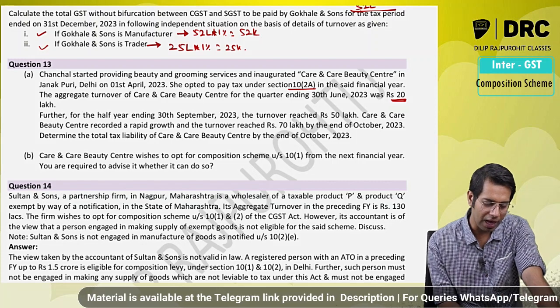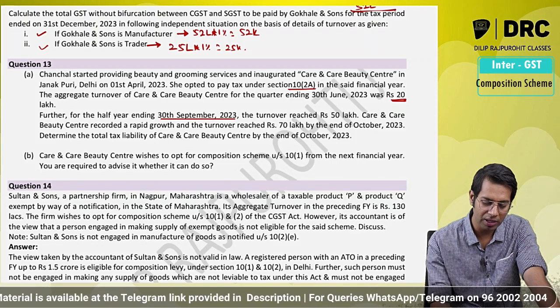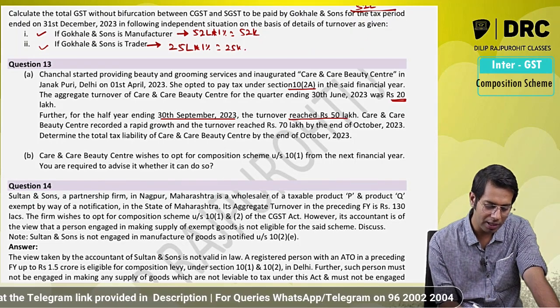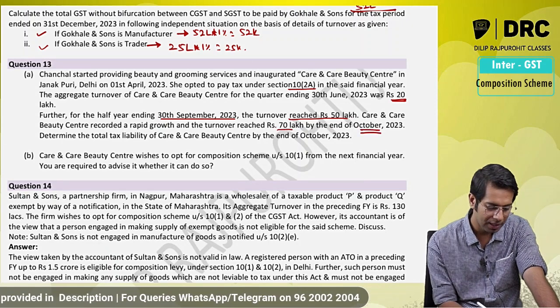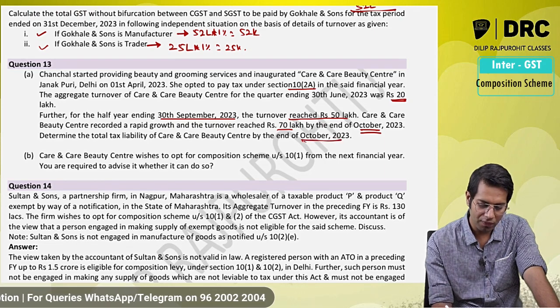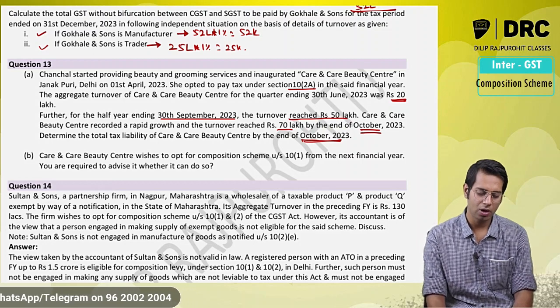Further, for the half year ended 30th September 23, the turnover reached 50 lakhs, and the Care Center recorded rapid growth and turnover reached 70 lakhs by end of October. Determine the total tax liability of Care and Care by end of October.